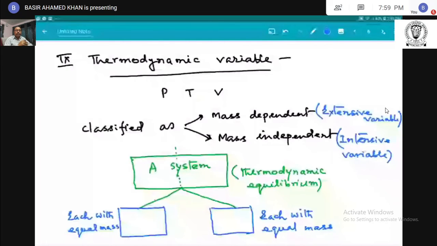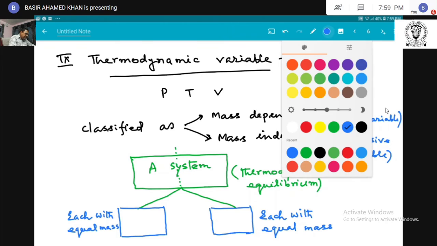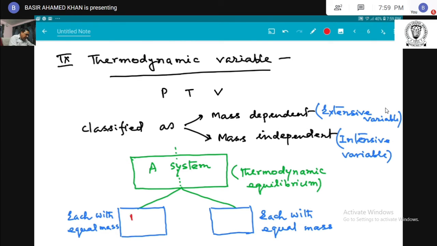Therefore we can say that if a gaseous system or any thermodynamic equilibrium system is divided into two equal parts, then the pressure and temperature will be the same, this is the same pressure and temperature.